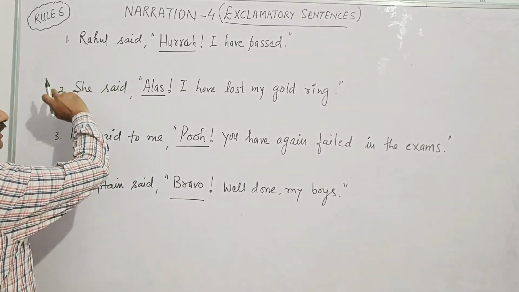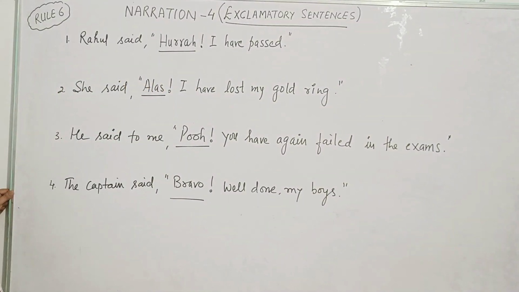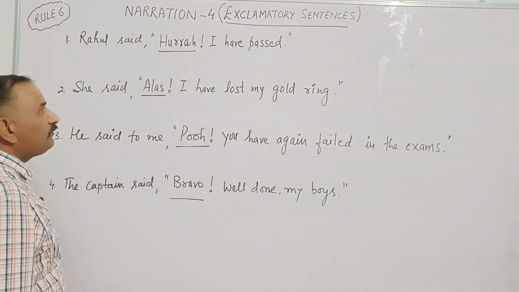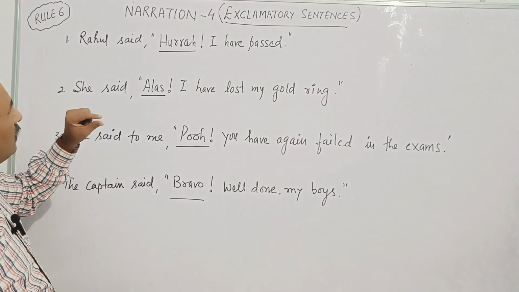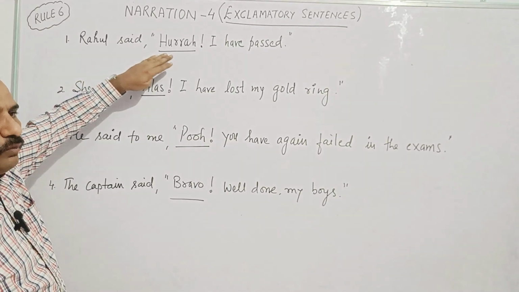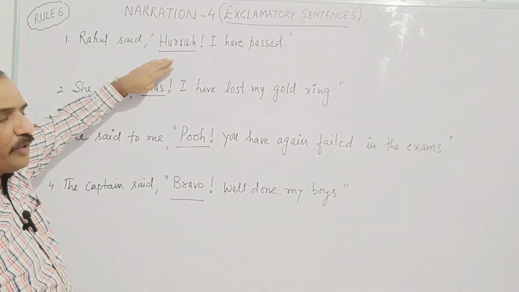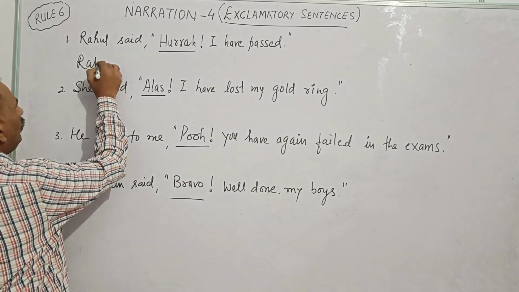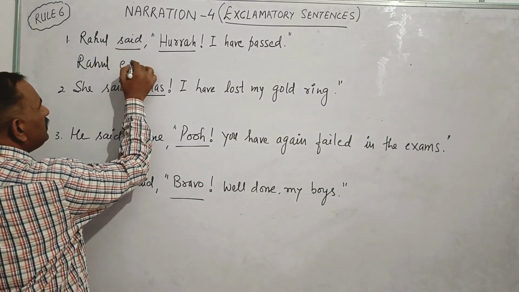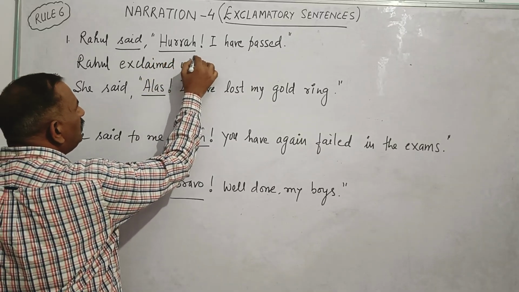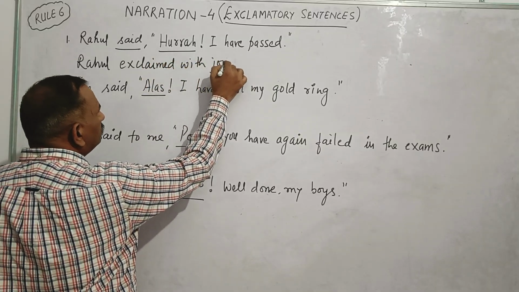Rahul said, hurrah, I have passed. So how will you change it? We have done this in the previous class. Hurrah is a word that expresses joy and happiness. So "Rahul said" will change into "exclaimed with joy".